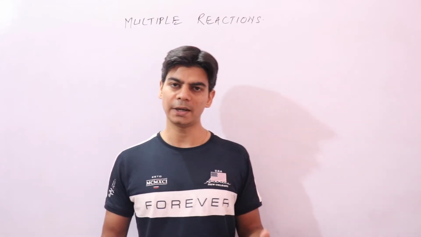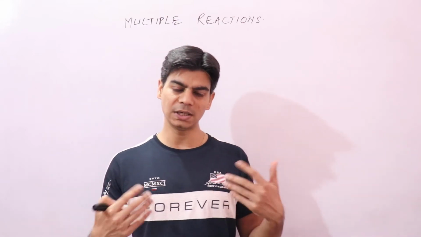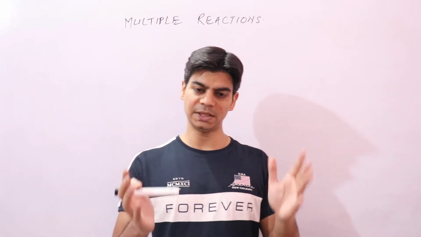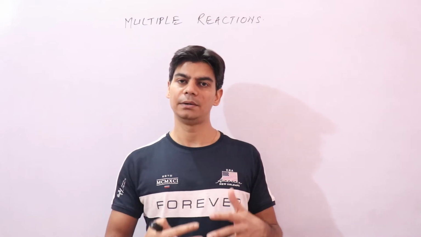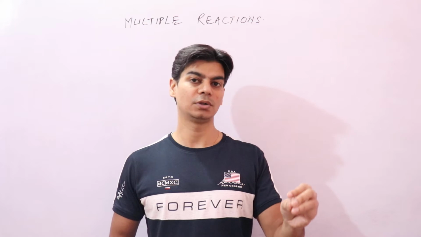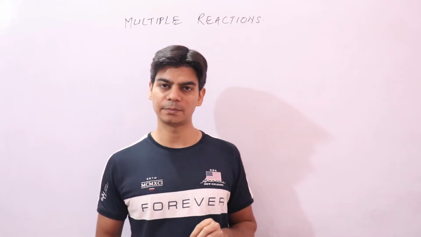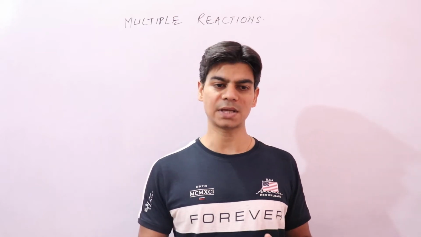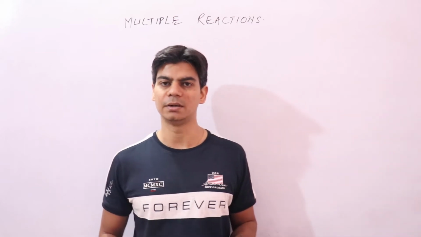Before we go into more detail on how to set up the reactor type and the reaction conditions for minimized formation of undesired product, we should know what types of side reactions take place in the chemical reactor.